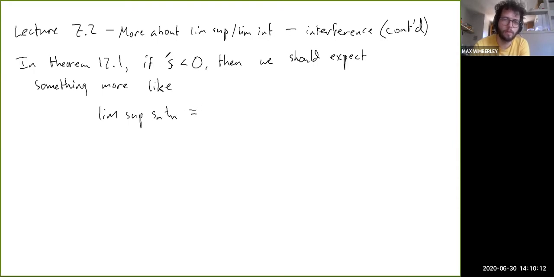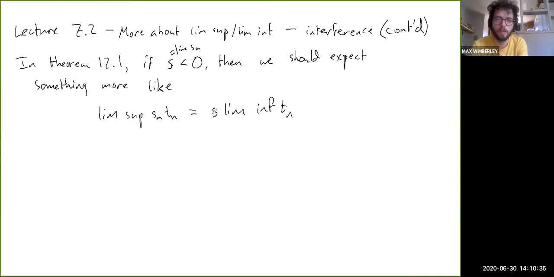equals, so S, remember, is the limit of Sn. So we're assuming that Sn converges to a finite negative number in this picture. So we would expect something more like S times the lim inf of Tn, right?